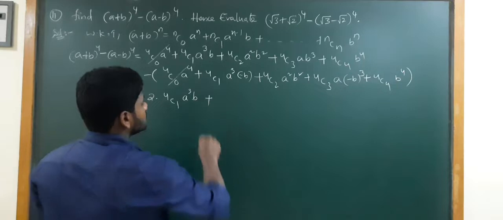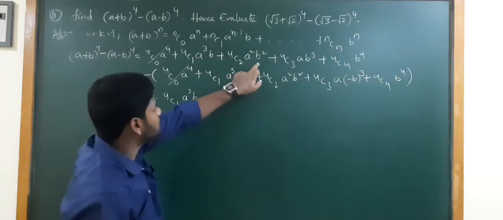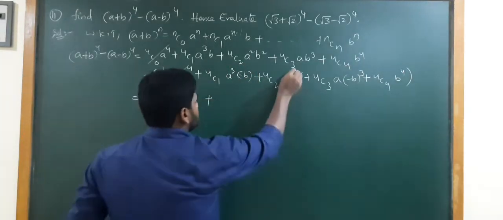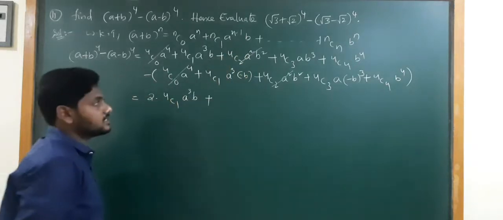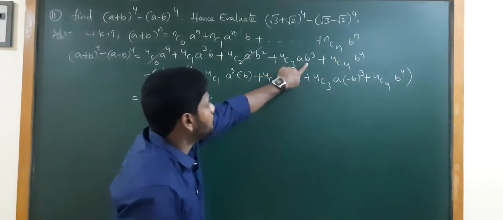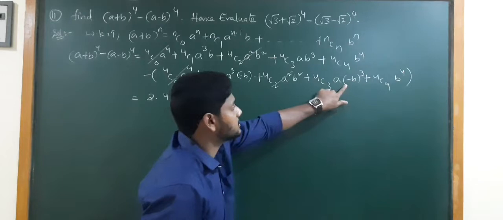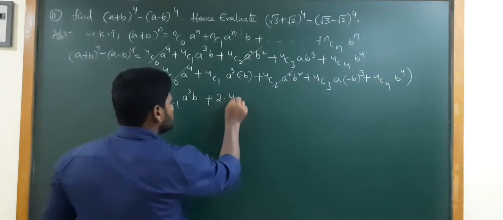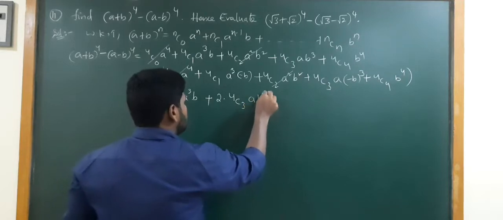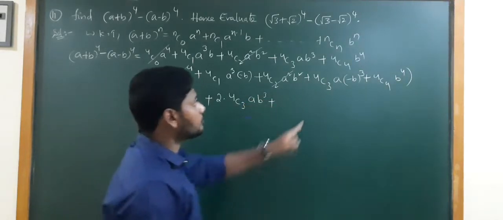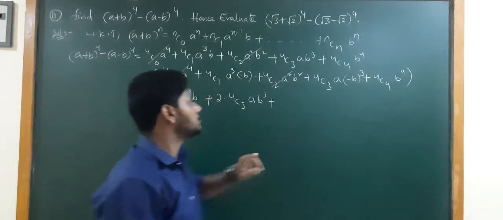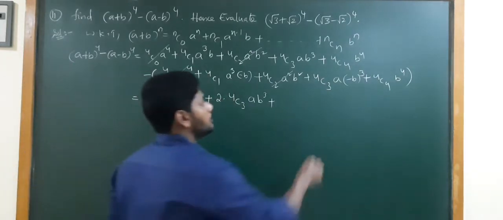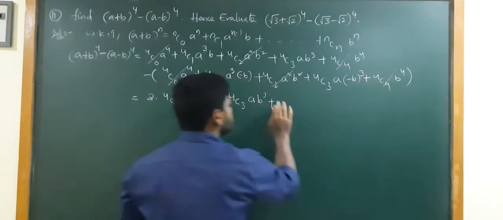Next, plus 4C2 a^2 b^2 minus 4C2 a^2 b^2 cancel. Next, 4C3 a b^3, minus into minus, 4C3 a b^3. So this is also 2 times 4C3 a b^3. Plus 4C4 b^4 minus 4C4 b^4, so these two also will be cancelled.